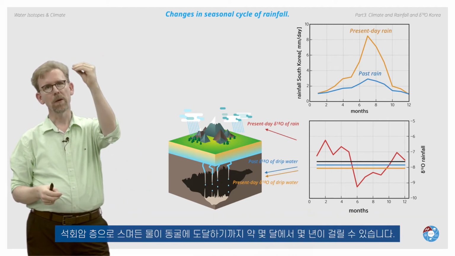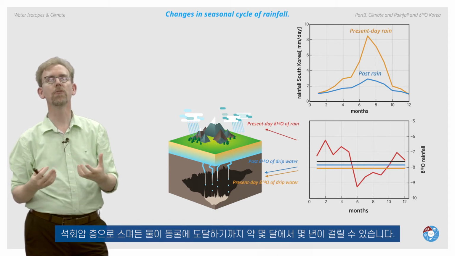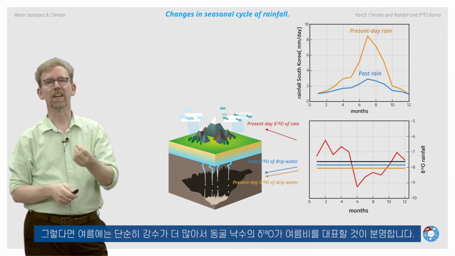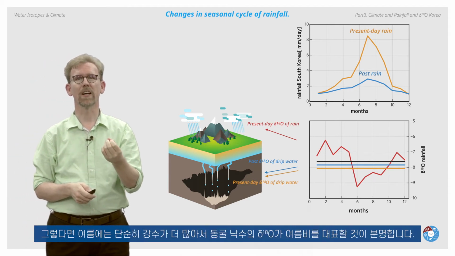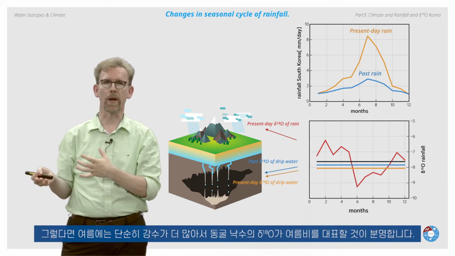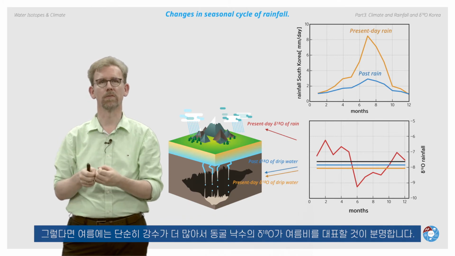The water that then percolates through the epikarst can take about months to years to reach the cave. It is then clear that the drip water d18O will be more representative of the summer rain because there is simply more water from this season.